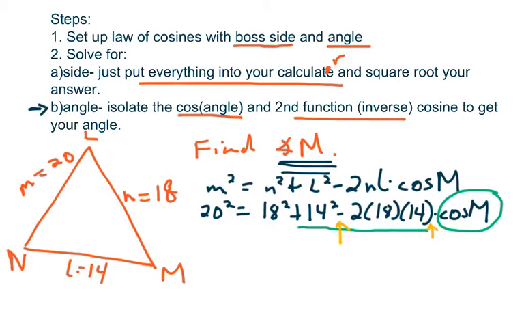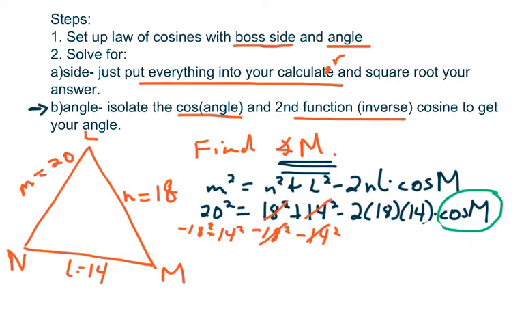So let's erase this stuff here, and let's go solve for this. I'll use red here. So I'm going to subtract the 18 squared away to the other side. I'm going to subtract this 14 squared away, and that goes all the way over here. That cancels there, there, there.